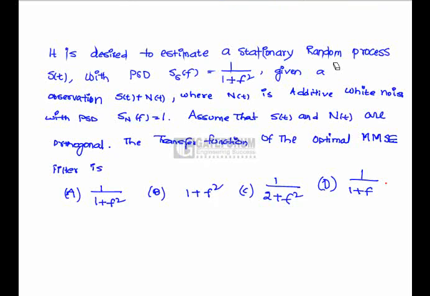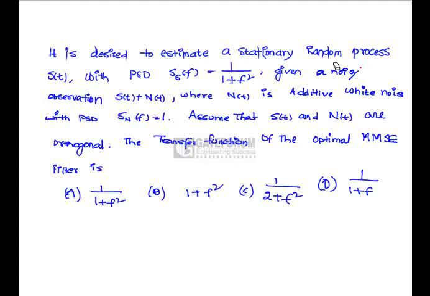So the question is, it is desired to estimate a stationary random process S of t with power spectral density S of f equals 1 by 1 plus f square, given a noisy observation S of t plus n of t, where n of t is additive white noise with power spectral density equal to 1. Assume that S of t and n of t are orthogonal.